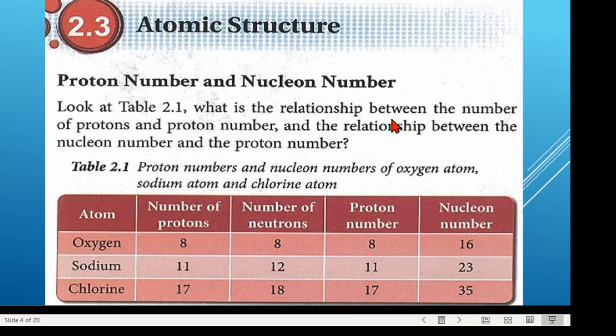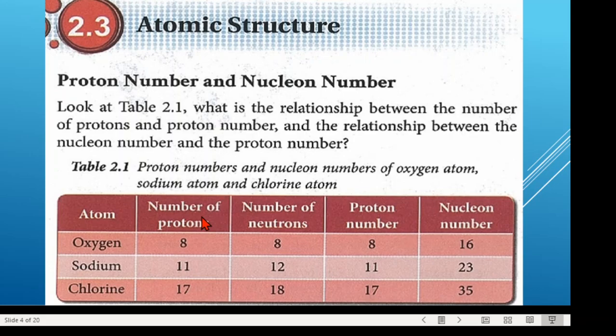Okay, the first one, atomic structure 2.3, proton number and nuclear number. Look at this table 2.1. What is the relationship between the number of protons and proton number, and the relationship between the nuclear number and the proton number? For example, here we have oxygen atom, number of protons 8, number of neutrons 8, proton number 8, the nuclear number 16.